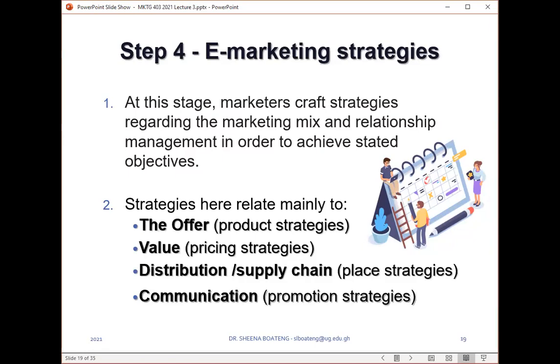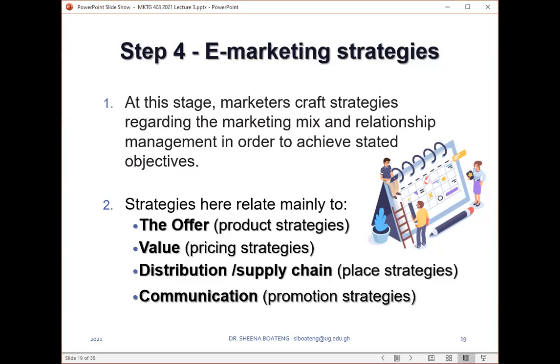However, the basic tools that the marketer will always revert back to are the 4 Ps, which have to do with the product, being whatever it is that they are offering by way of a physical product or a service; the value that they are asking for this product in terms of pricing strategies; as well as the distribution and supply chain activities involved in getting this product to the final consumer if it is a physical product.